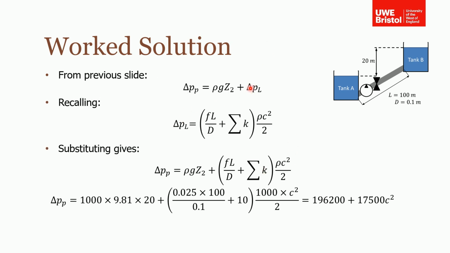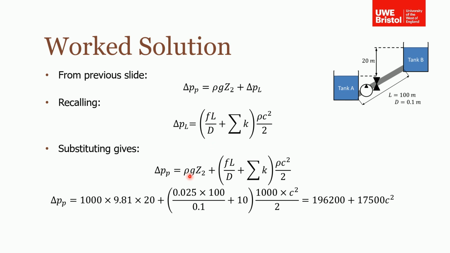Recalling that the generic formula for the pressure loss for a pipe system is the frictional losses plus the sum of the minor losses, all times density and the velocity in the pipe squared over 2. Now we need to do this for each section of pipe, remembering a section of pipe is of constant diameter or constant material, and we only have one section of pipe in this example.